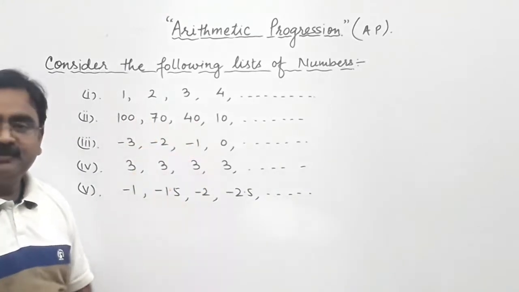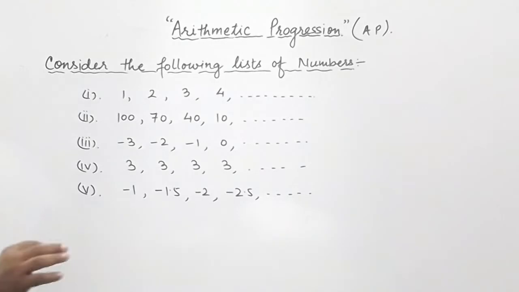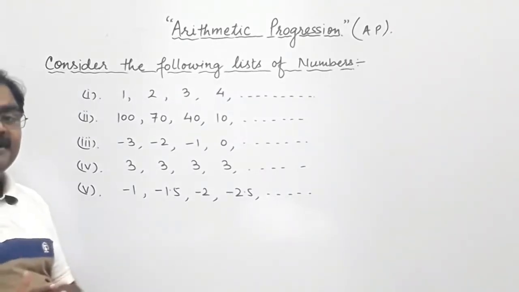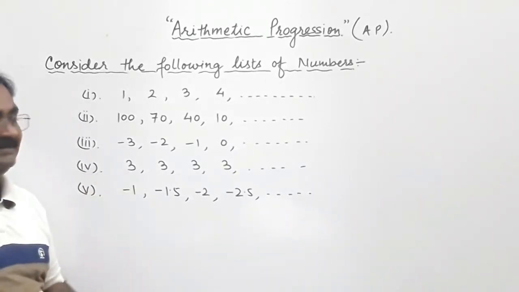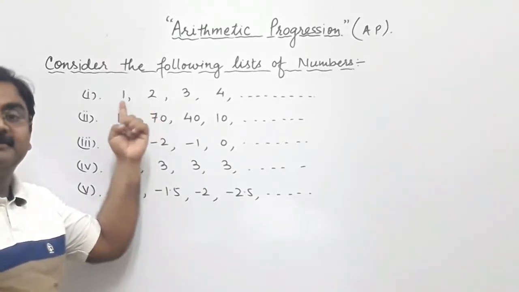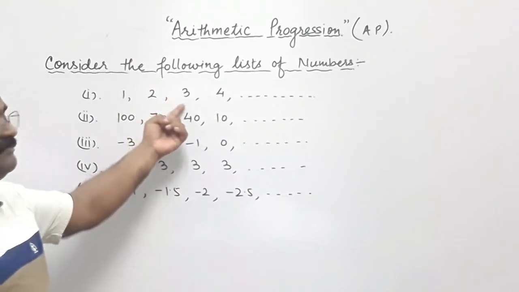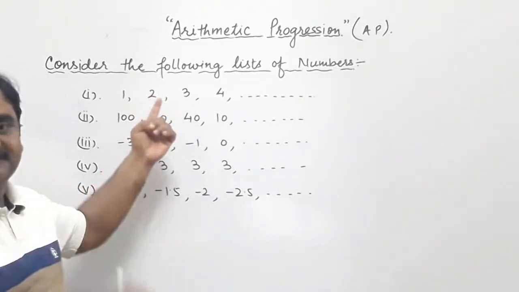What did we tell you? First we start with counting numbers: 1, 2, 3, 4, 5, 6. So here each term came from its preceding term by adding 1. So this term was obtained by adding 1 to this. This term came from adding 1 to its preceding term.